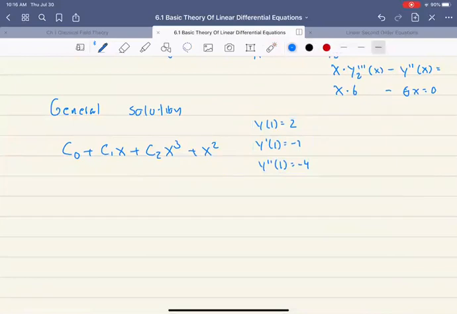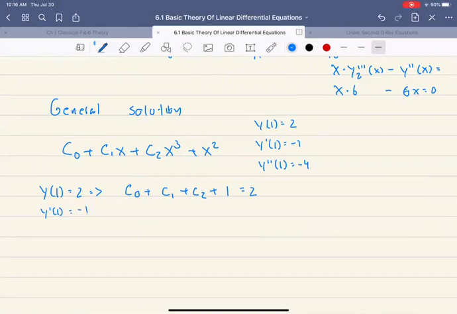So using our initial conditions, y of 1 equals 2 implies C0 plus C1 plus C2 plus 1, so I've just plugged 1 in, equals 2. y prime of 1 equals negative 1.